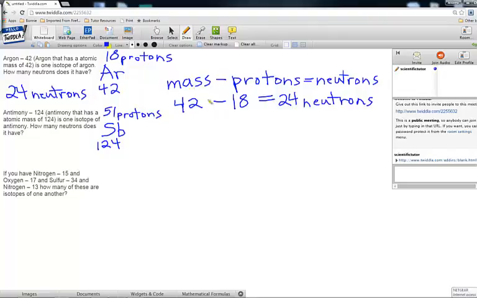If we use the same formula as we did for the first question, that means 124 mass minus 51 protons equals 73 neutrons. The answer to the second question is 73 neutrons.